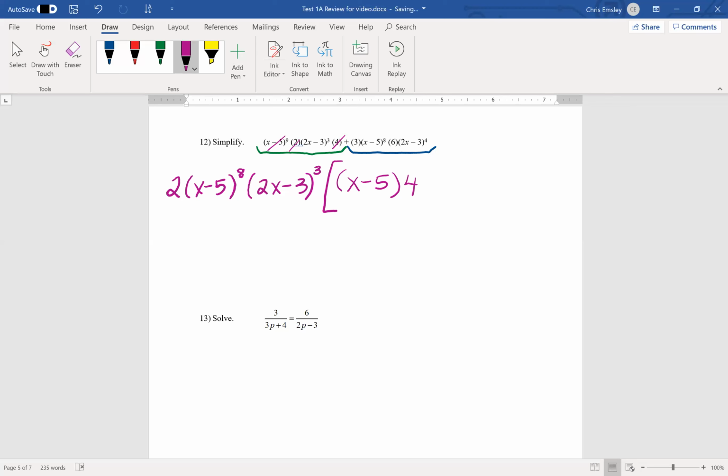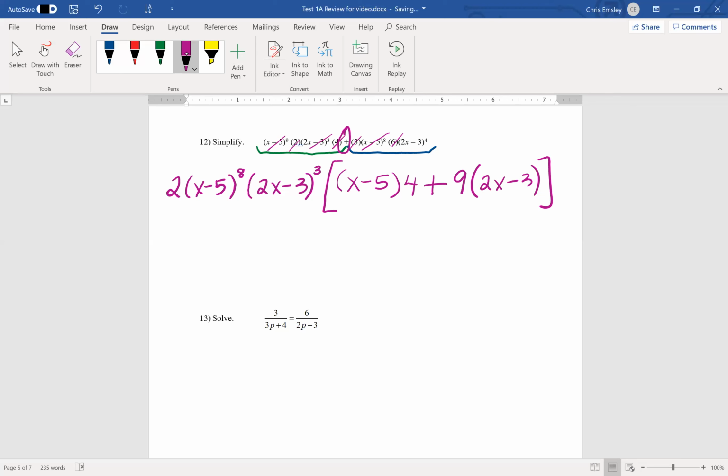We took out all 3 of them, so none of those are left behind. It's very important not to lose that sign. There's still a plus between these two terms. We had a 3 times 6, that's 18. We factored out a 2, so there is a 9 left behind. X minus 5 to the 8, we factored out all of those, so they are all gone. And 2x minus 3 to the 4th, we factored out 3 of them, so there is 1 left behind.